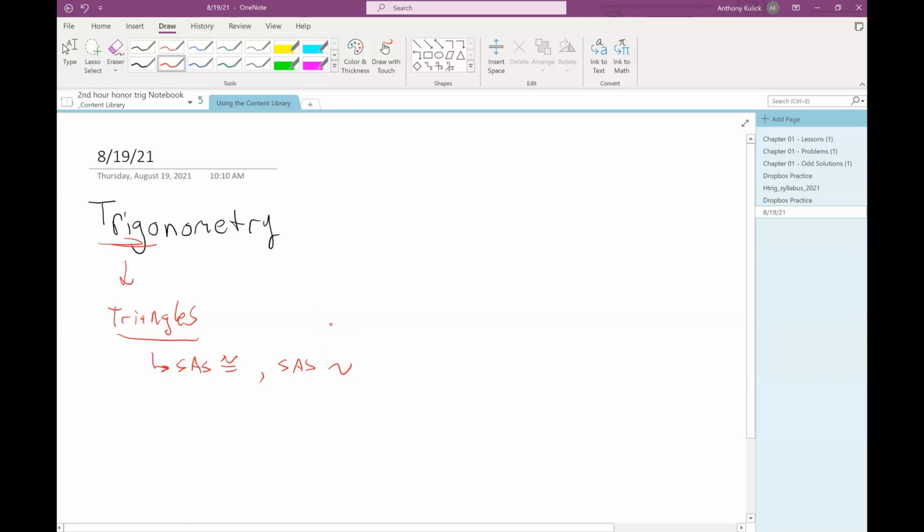And these were one technique to prove that two figures were similar or congruent. Of those two, the one that's going to be the important piece with respect to trigonometry is the similarity idea.